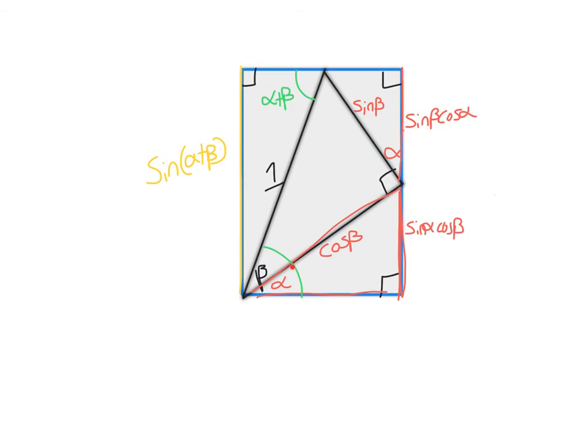Using trigonometry in this small right-angled triangle here, if I want to find this one, I use cos again, and I can find that this is cos alpha times cos beta. That is the expression for this side here. If I use trigonometry to find an expression for this side here, it's just going to be cos of alpha plus beta.